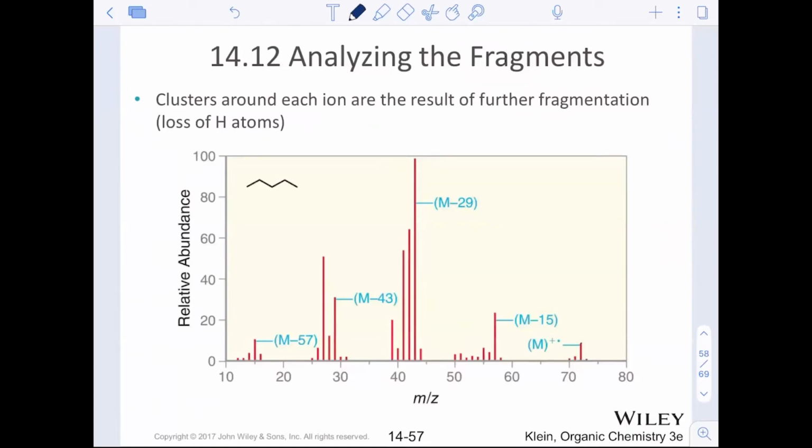Again, there's our parent ion right here at 72. We popped off a methyl group, right? And then we popped off the ethyl group, right? Those are what were subtracted, et cetera, et cetera. So we can start to build up the structure from there.